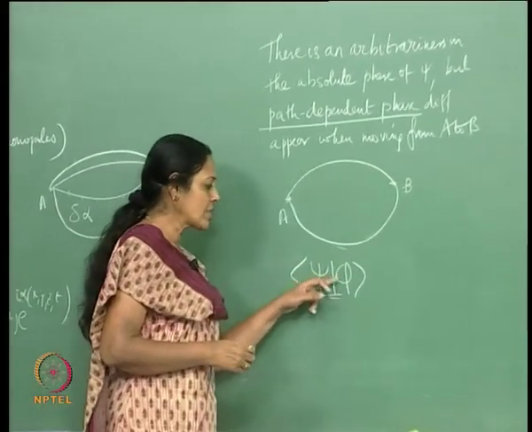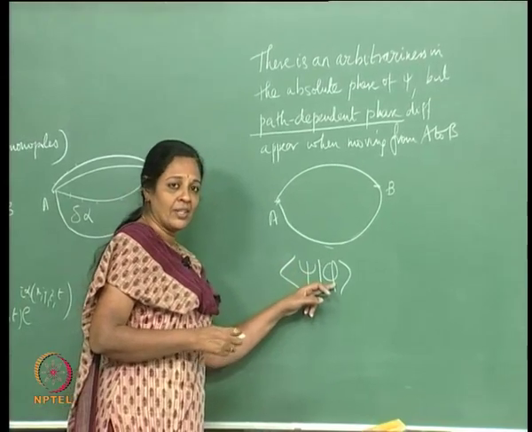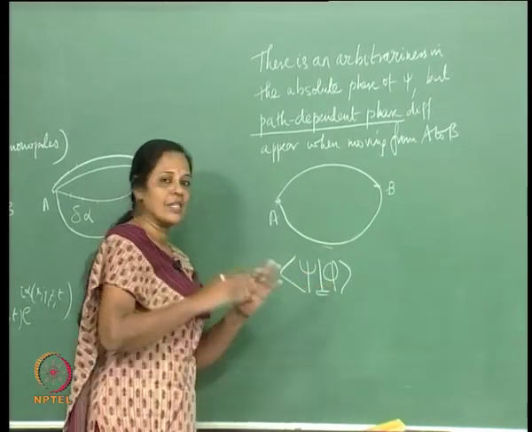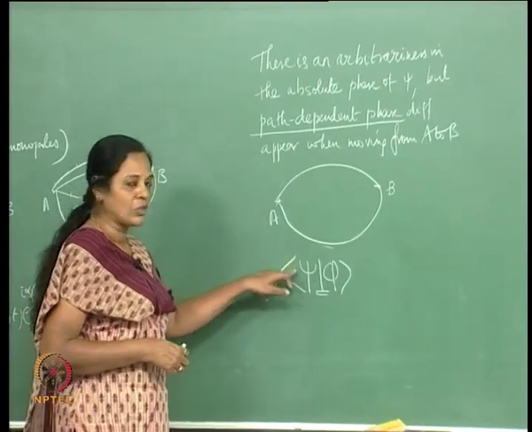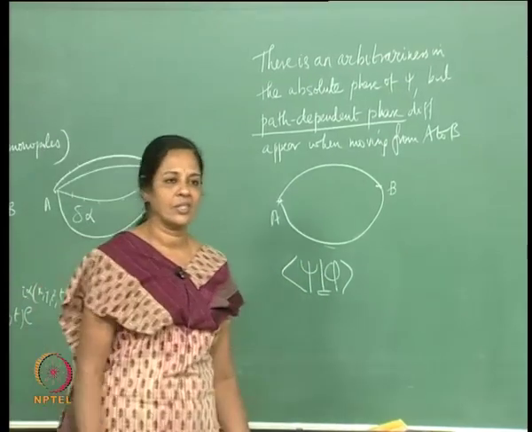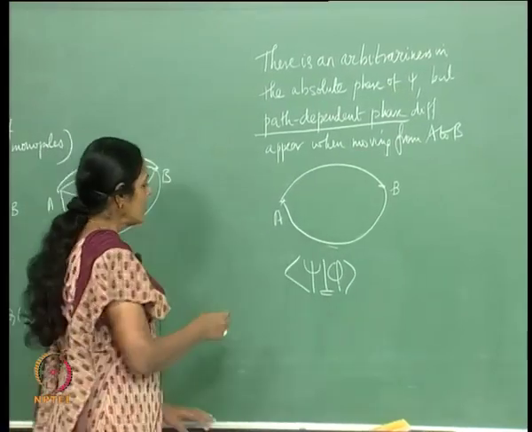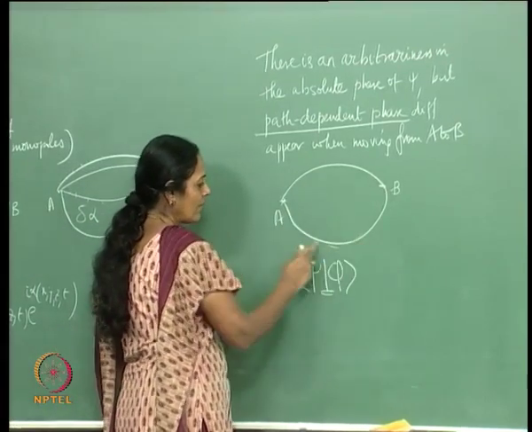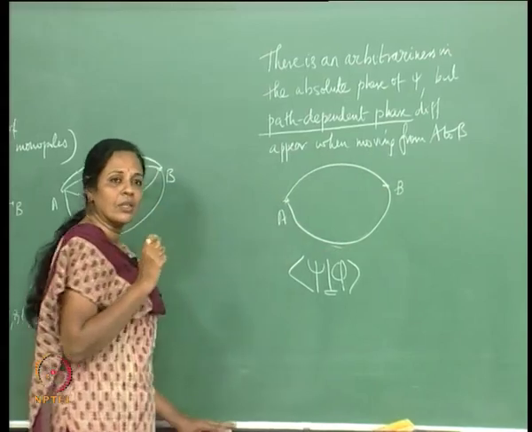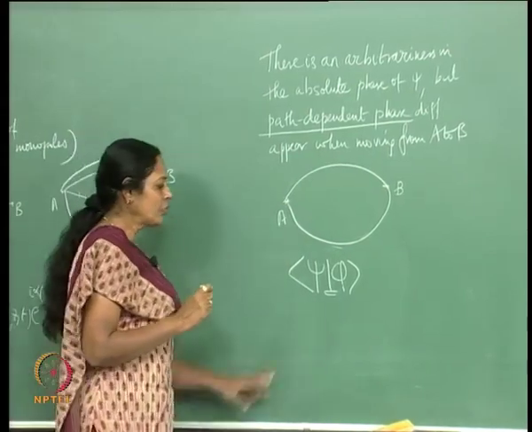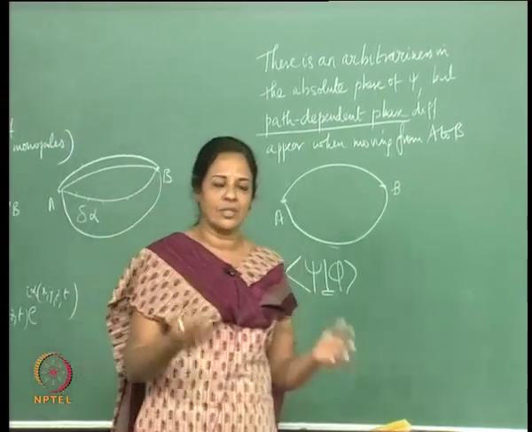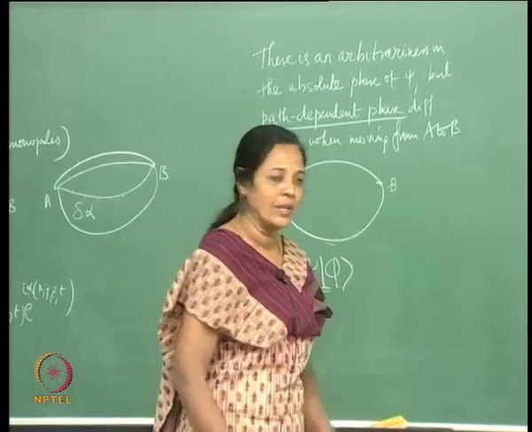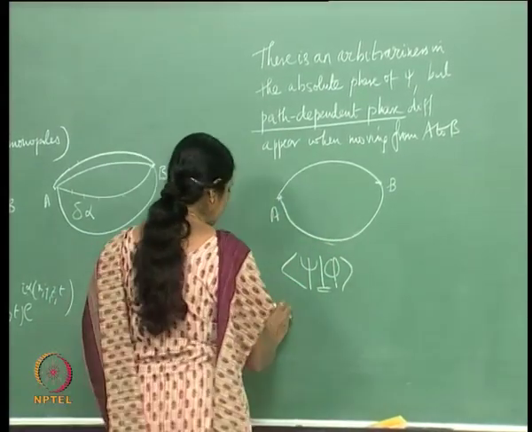So you see this is psi star phi, and since it is a phase change, it comes as e to the minus i alpha here and e to the plus i alpha there, or vice versa, and cancels out. So the change in the phase of a wave function after traversing a closed curve should be independent of the wave function itself. It should be the same for all wave functions.